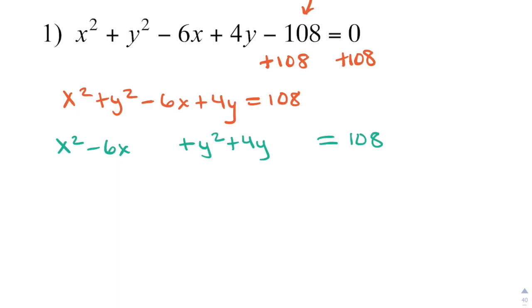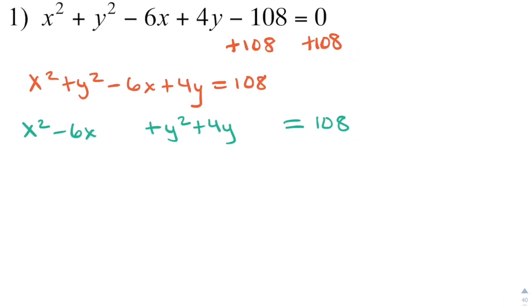What's really cool is I can immediately factor each one of these in a separate way. And I'm going to do that work off to the side. So here's what I want you to do. You will always add to your x's and y's.